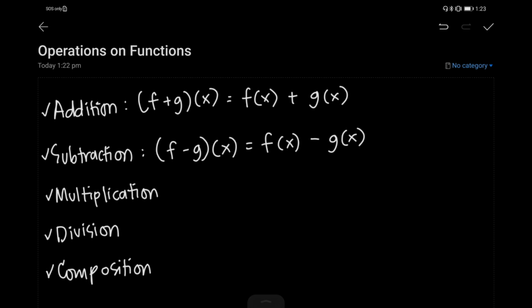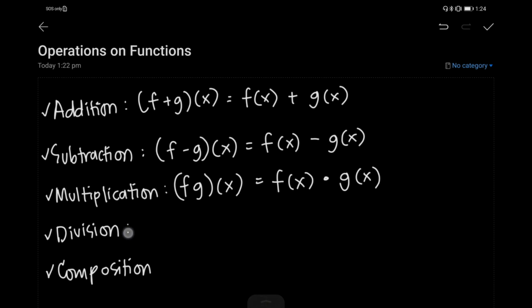We also have the multiplication, f times g of x. It means that whatever the value of your f function, you are just going to multiply it by your g function. Okay? We also have the division of functions. It is represented this way: f over g of x.